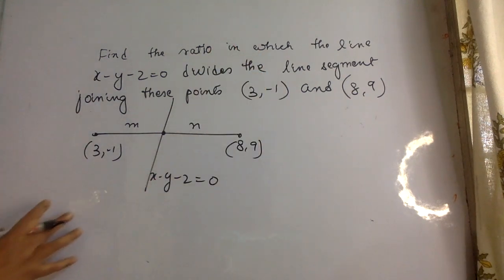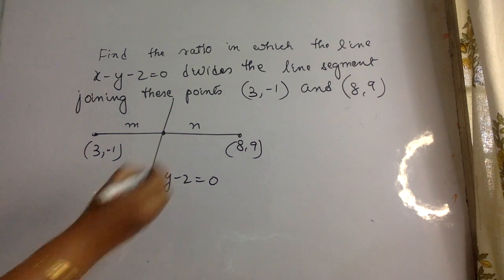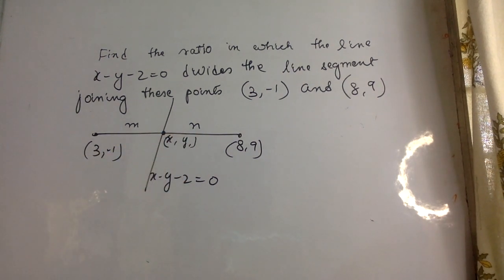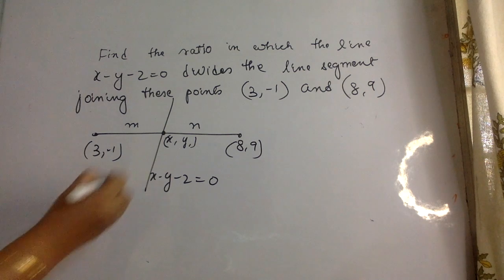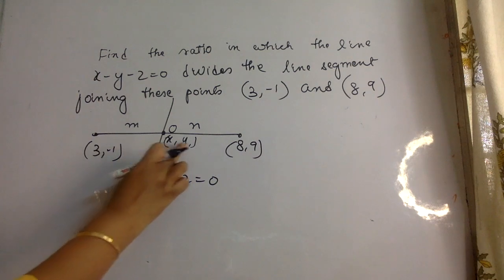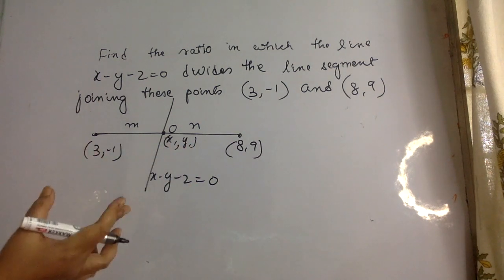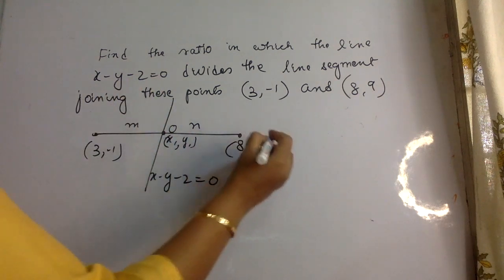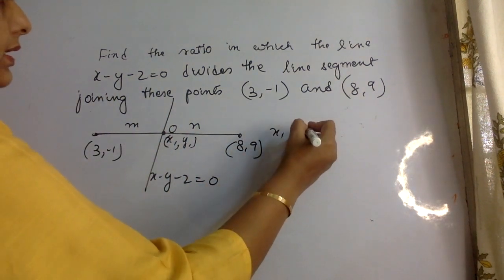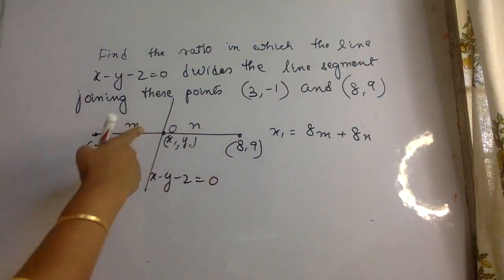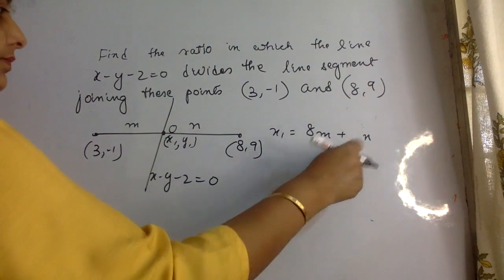Okay, now we shall be starting with the sum. Now here let us assume that it cuts it at the point x dash y dash, or x1 y1. Let it be the point O. Let us name it as the point O, and the coordinates are x1 y1. So we shall start applying the section formula now. So x1 is 8m plus 8n plus 3n, 3n.